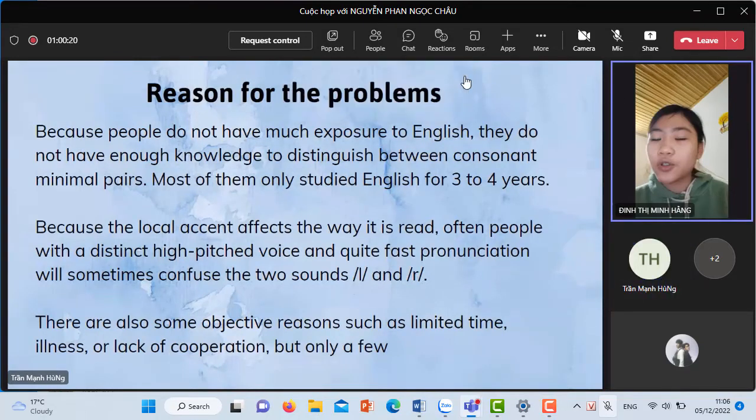Second reason, because local accents affect the way it's read. Often people with a distinct high-pitched vowel and quite fast pronunciation will sometimes confuse the two sounds L and R. And finally, there are also some objective reasons, such as limited time, illness, or lack of cooperation, but only a few.